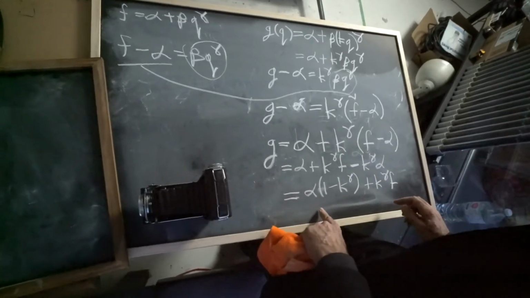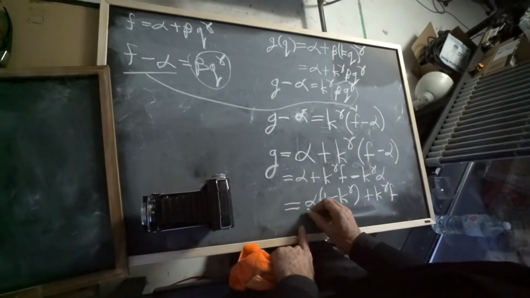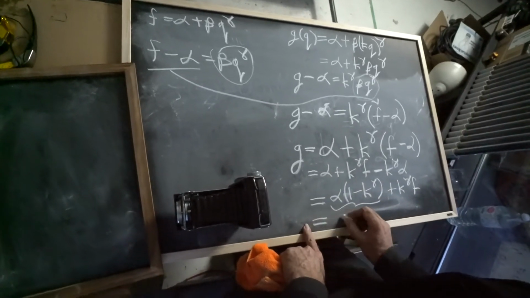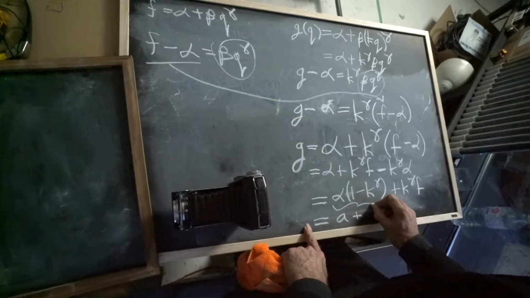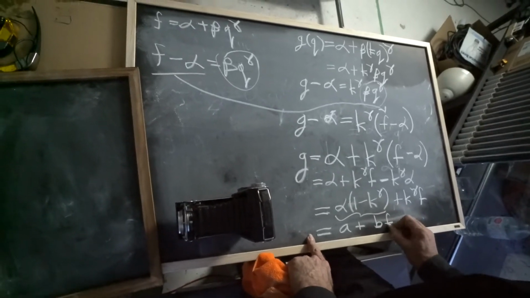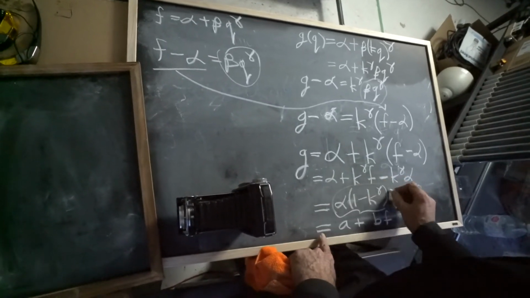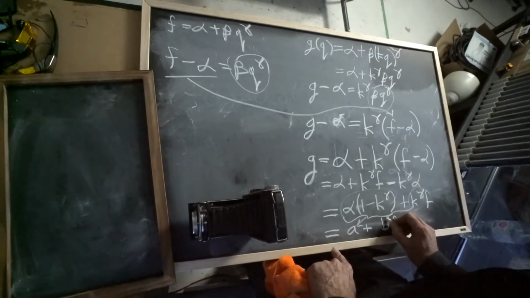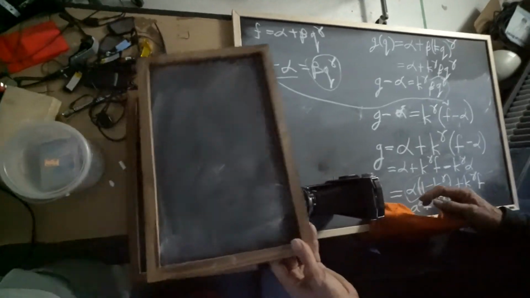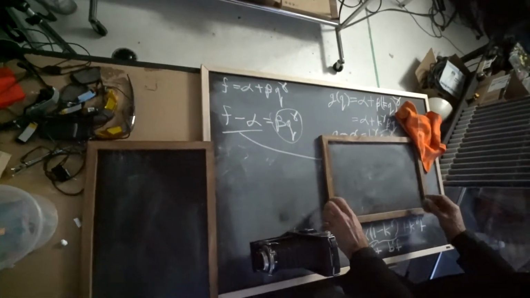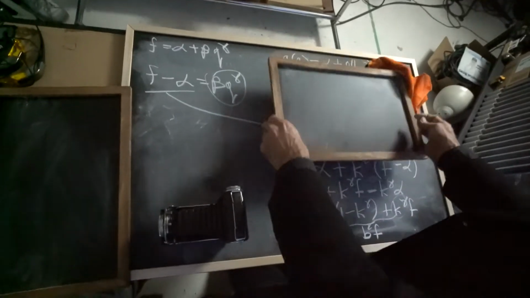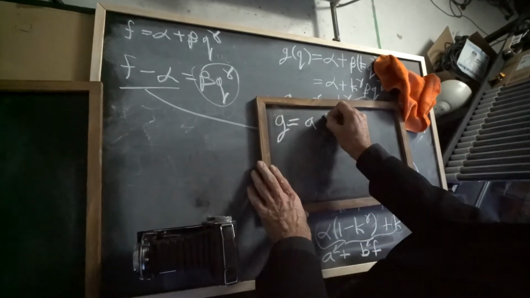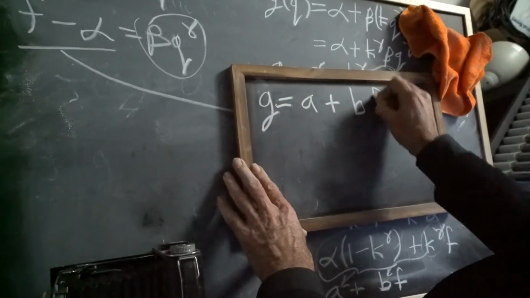So I've got here a constant, and so I can say that is equal to a plus bf, where a is defined as this, that's a here, and b is defined as k to the gamma. So I've got now a very simple comparametric equation. This is a simple comparametric equation that says g equals a plus bf.